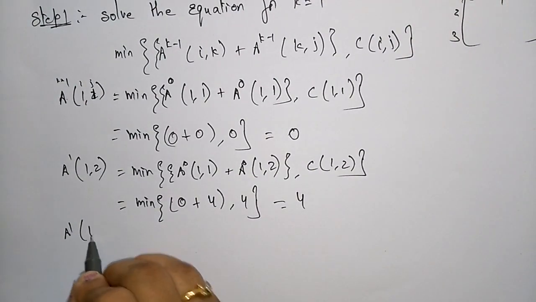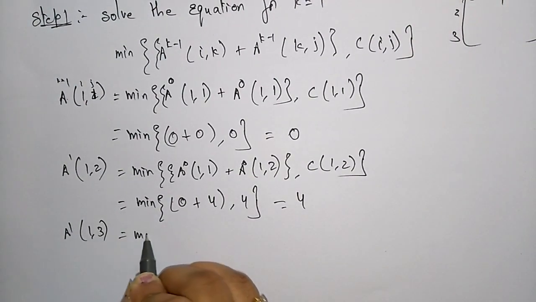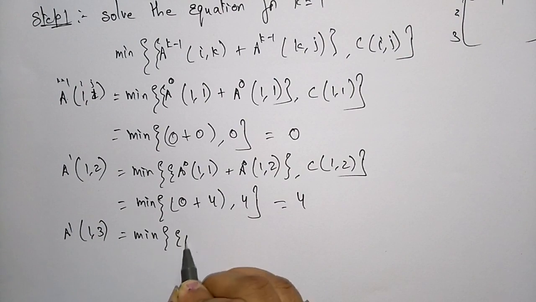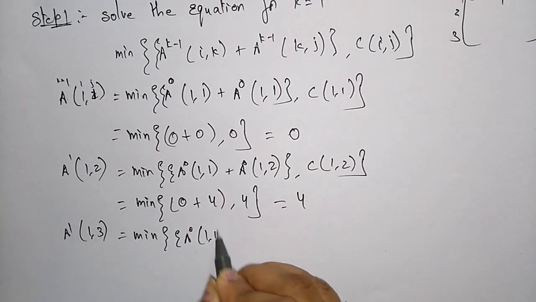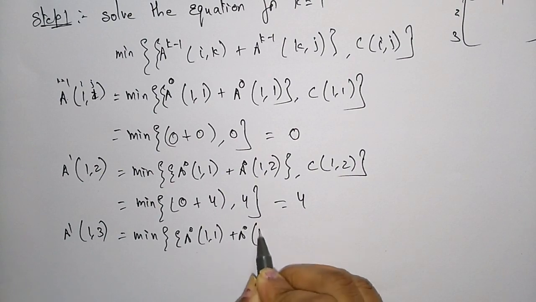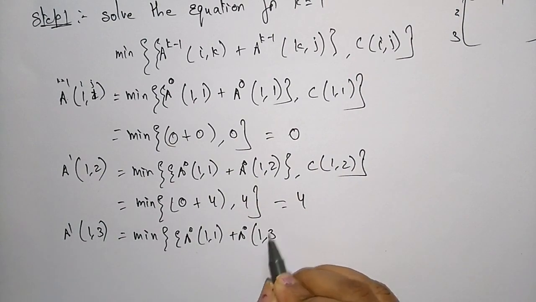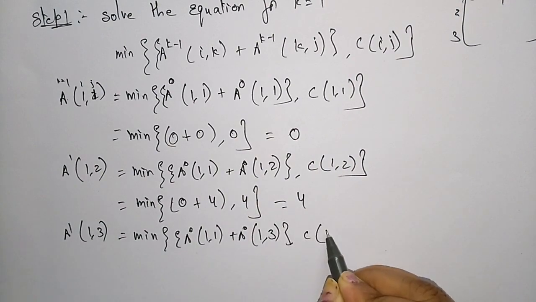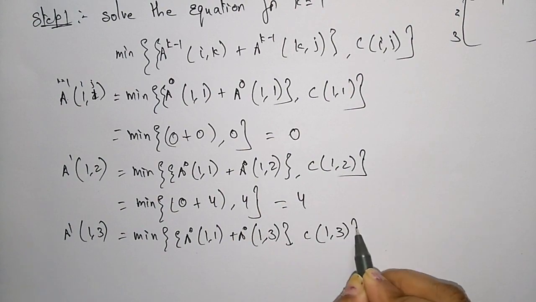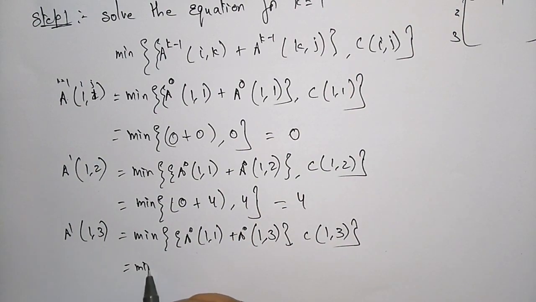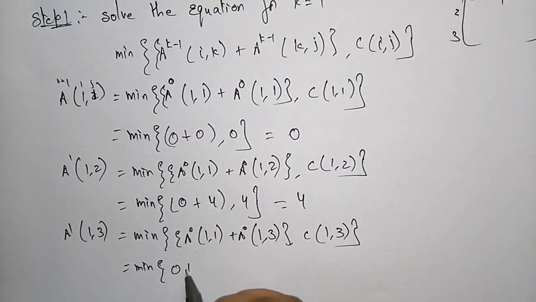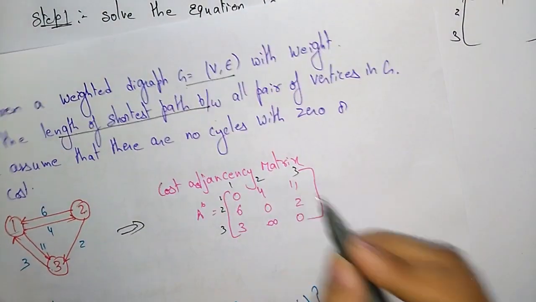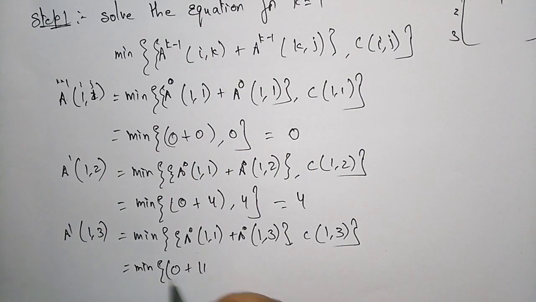Now A1 of 1 comma 3 I have to find out. Again, minimum of A0 of I comma K, where I is 1 and K is 1, plus A0 of K comma J, where K is 1 and J is 3, comma C of I comma J, where I is 1 and J is 3. Now write A0 of 1 comma 1, which is 0, plus A0 of 1 comma 3, which is 11.